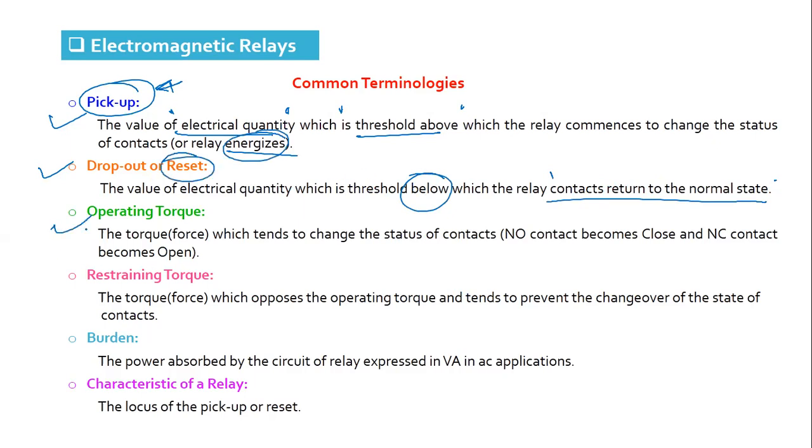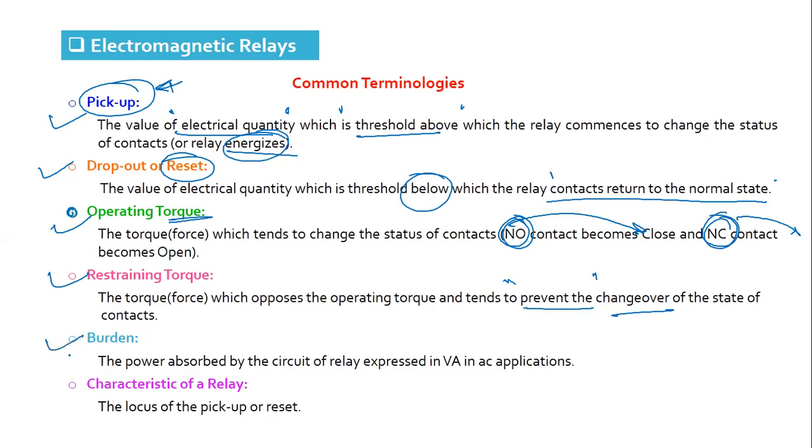Operating torque is the torque which will tend to change the status of the contact. So a normally open contact will become closed, a normally closed contact will become open, and the torque which acts in such a way is called the operating torque. Restraining torque is the torque which will oppose the operating torque and prevent the relay from changing the status of the contacts.